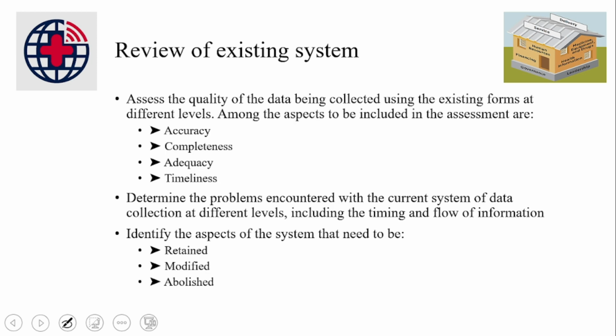The next thing is that you need to review the existing system. You need to look at its accuracy, the completeness of data, the adequacy of the data, and the timeliness of data collection. Identify the aspects of the system that need to be retained, the things that need to be modified, and the things that will be removed.